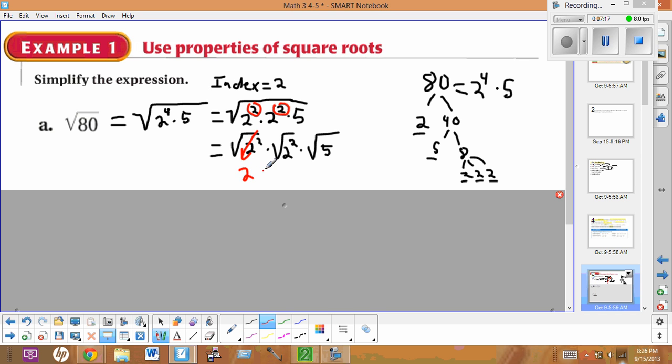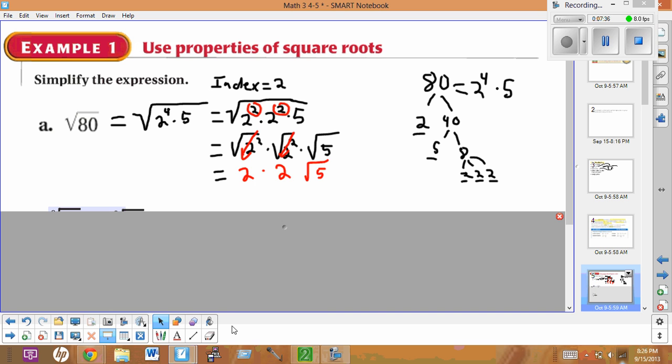There's 2 times 2, and square root of 5 just comes down. And we know that two times 2 is 4. So this simplified is 4 square roots of 5.